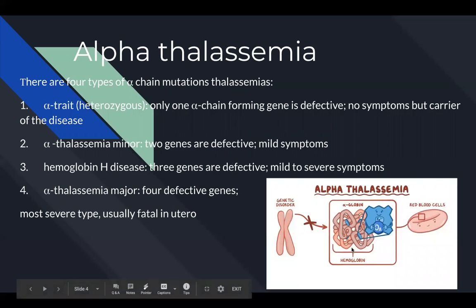Next, we're going to be talking about alpha thalassemia. There are 4 types of alpha thalassemia. The first one is the alpha trait, which can also be called heterozygous. Only one alpha chain forming gene is defective. The person has no symptoms, but they are a carrier of the disease. In alpha thalassemia minor, there are 2 genes that are defective and the person can show mild symptoms.